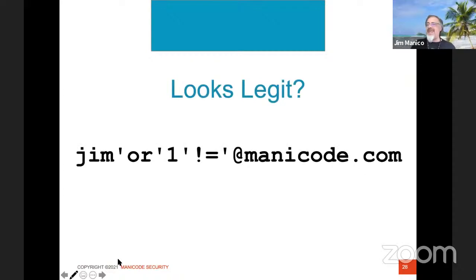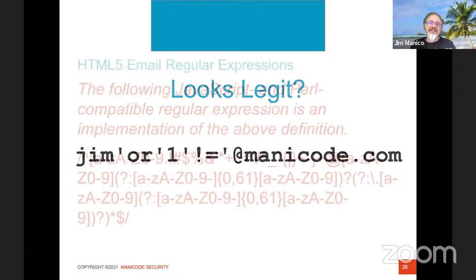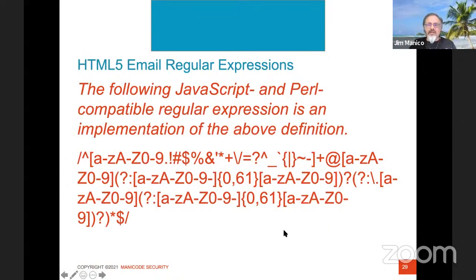Instead, and by the way, you can't just validate. Validation is not a complete strategy because this email address is valid and legal and active. You can email me there right now and I'll believe it when I get your email. But this is a valid email address, and it's dangerous. Here's the regular expression defined in HTML5.